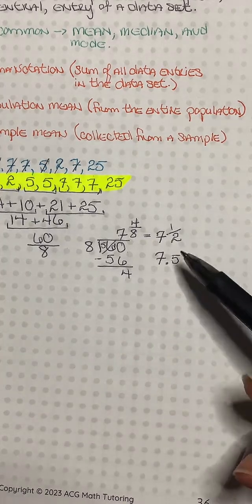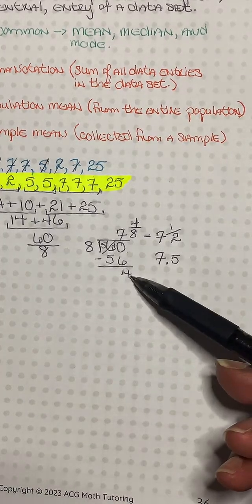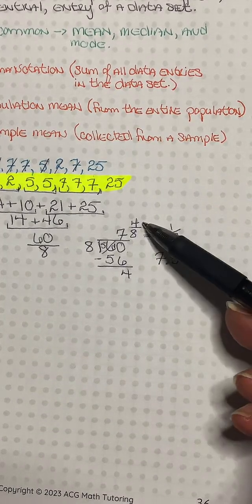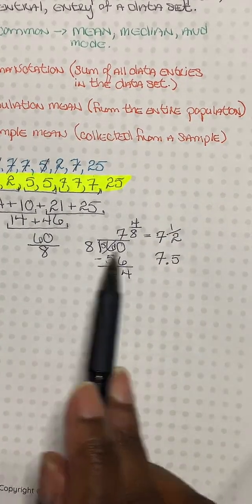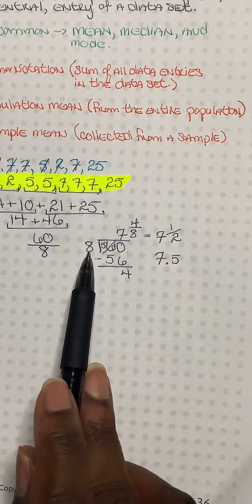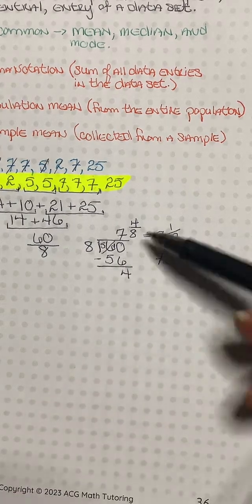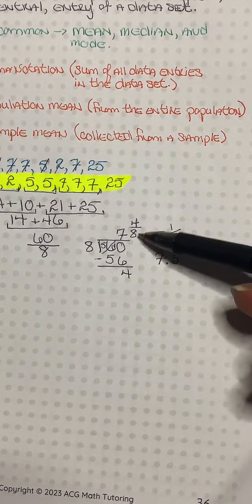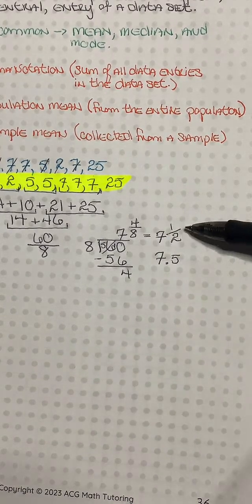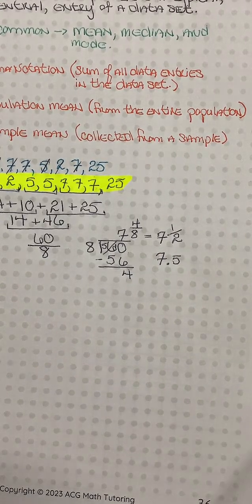Or if it's a mixed number, just put whatever your remainder is over your divisor, not the dividend, the divisor, which is the 8. And then look to see if you need to reduce that fraction, which we did, which gave us our 1/2.